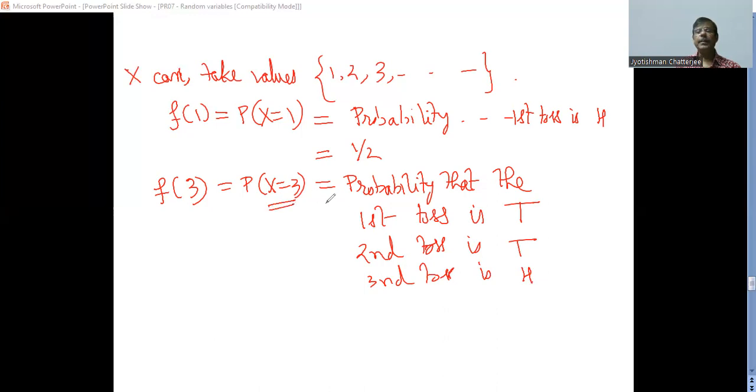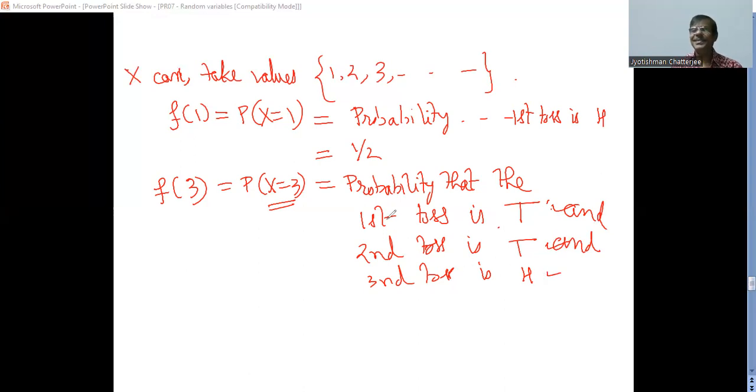Capital X equal to 3 happens if and only if these 3 things happen simultaneously. This one, this one, this one. So actually they are connected by and. So the first toss is tail, and the second toss is tail, and the third toss is head.